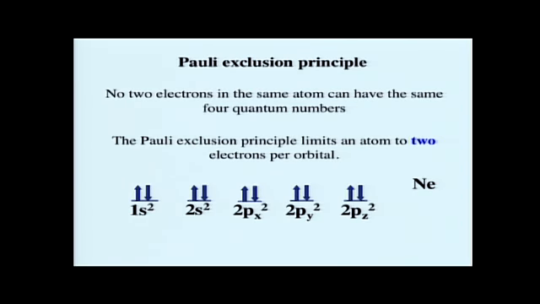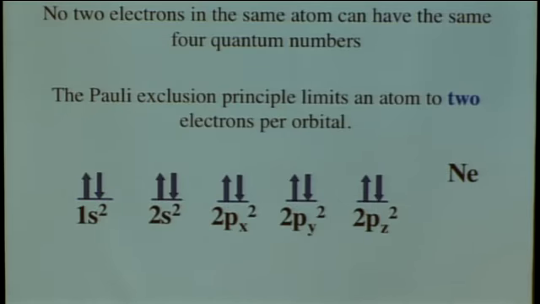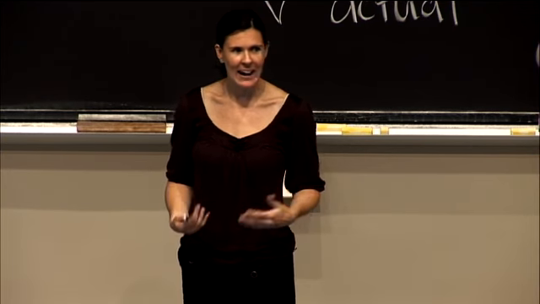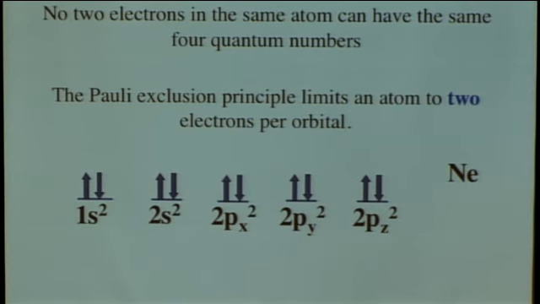Because for any orbital, we can either have a spin up electron, a spin down electron, or both. So if we look at neon just as an example, neon has 10 electrons in it. And once we look at all the orbitals written out here, this is probably a familiar thing for you to look at, but it's important to think about why, in fact, we don't just put all 10 electrons in there.